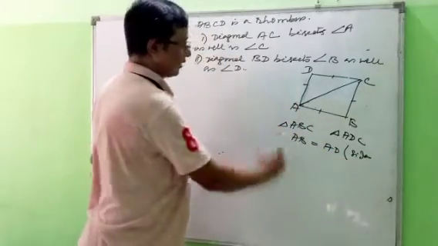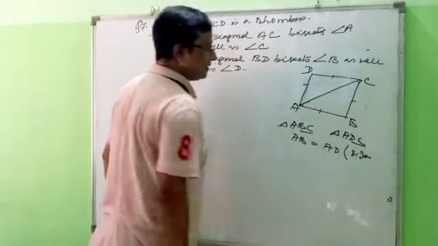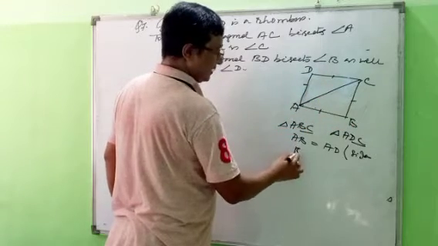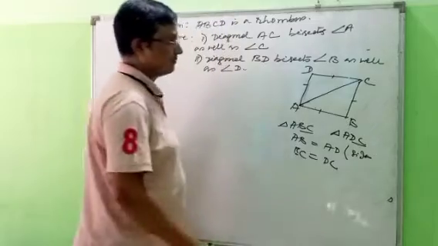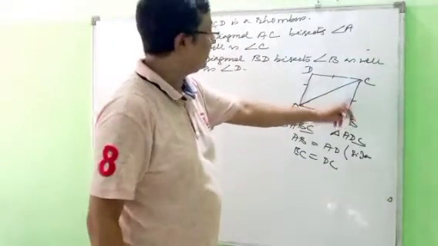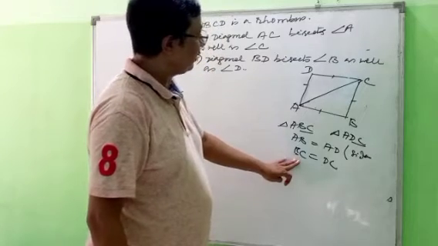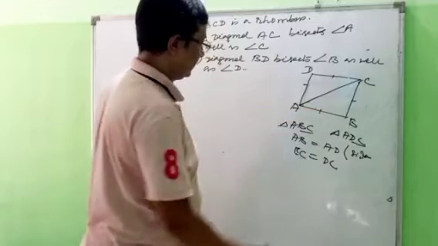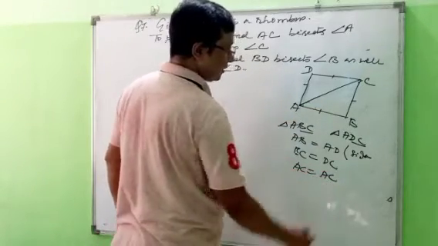Then BC equals DC, they are the sides of a rhombus because in a rhombus all the four sides are equal. One more simple point: in both triangles, the side AC is the common side, so AC equals AC.